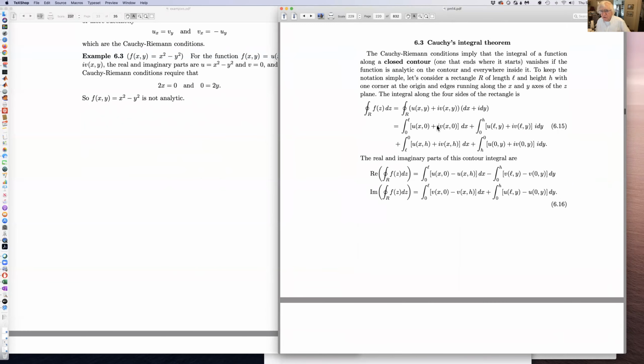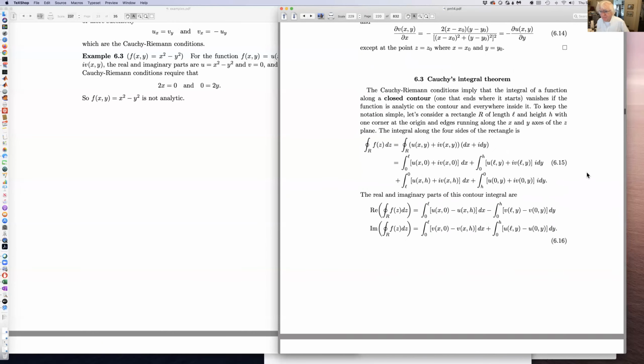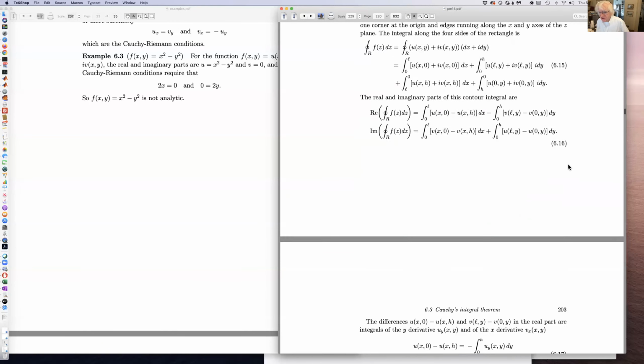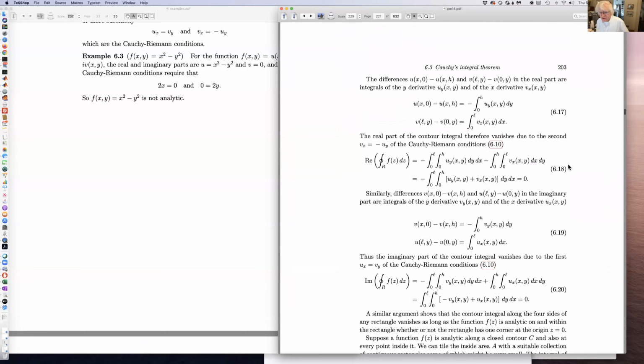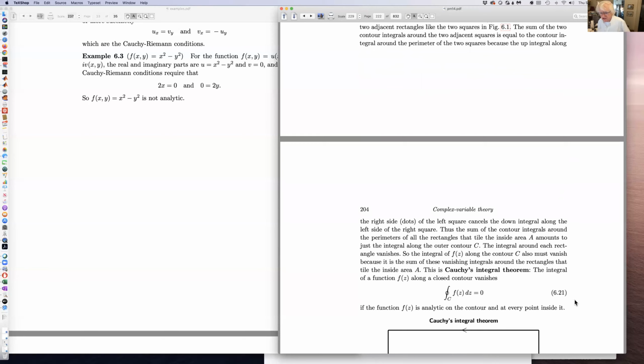What we went through in real detail, and if I did it too quickly during the lecture yesterday or on Tuesday, I urge you to go through this proof from equation 6.15 down to, I guess, 6.21.